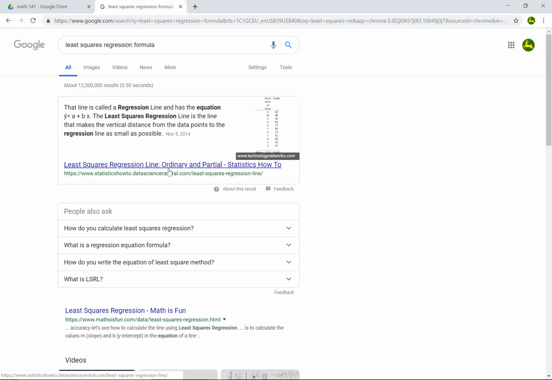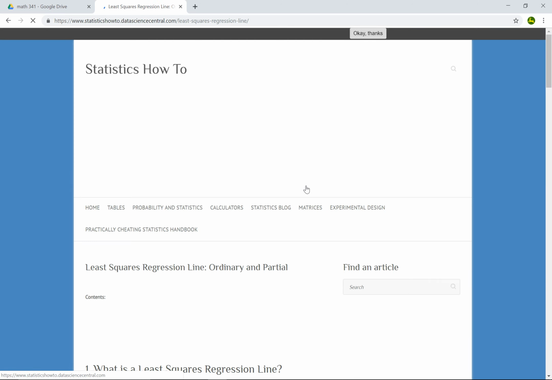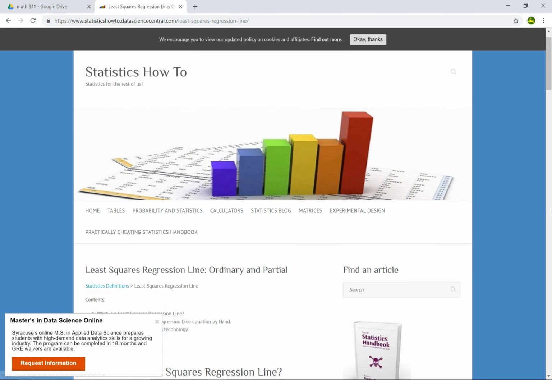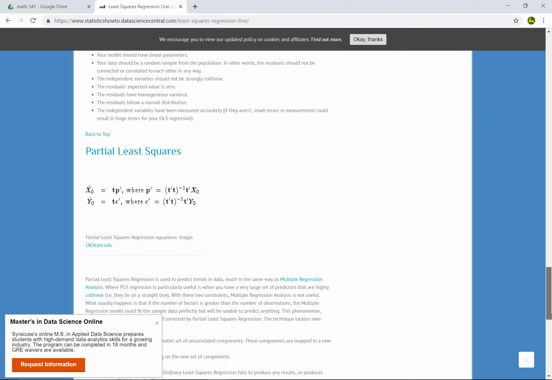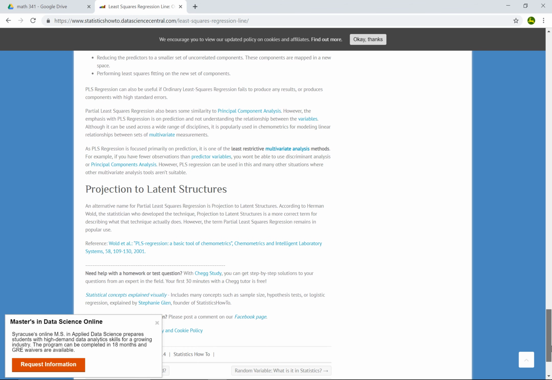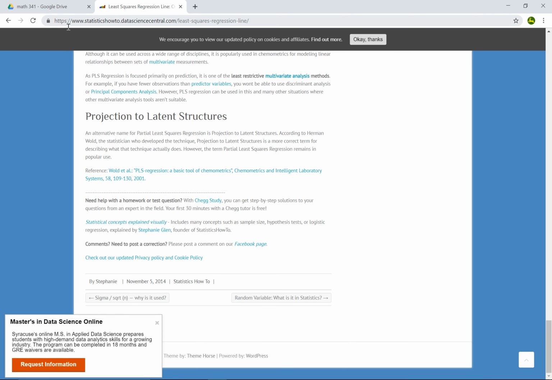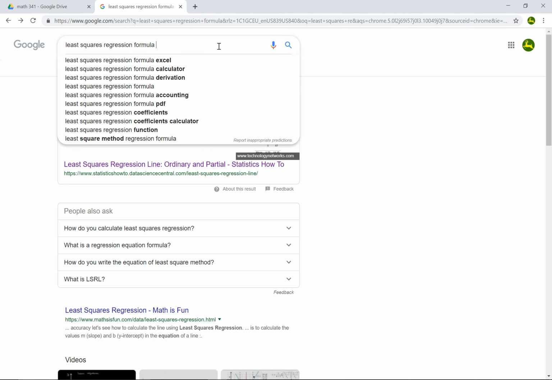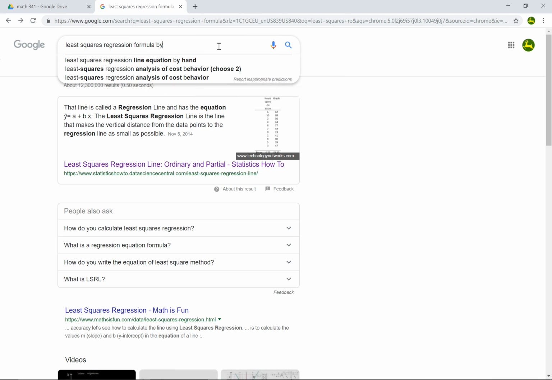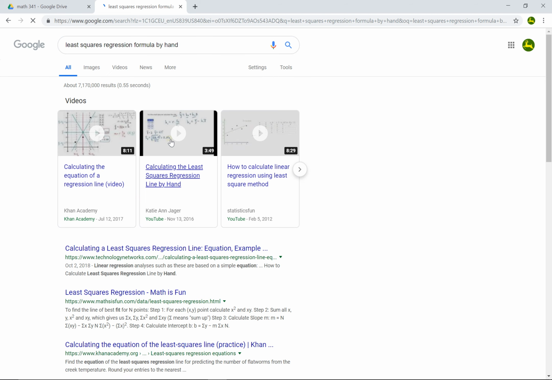Pretty sure it's this one. It's not what I want. Here, let's see if I can put the sum of the squares. I'll put this in sum of the x's. Oh yeah, by hand. There you go, by hand. There we go.